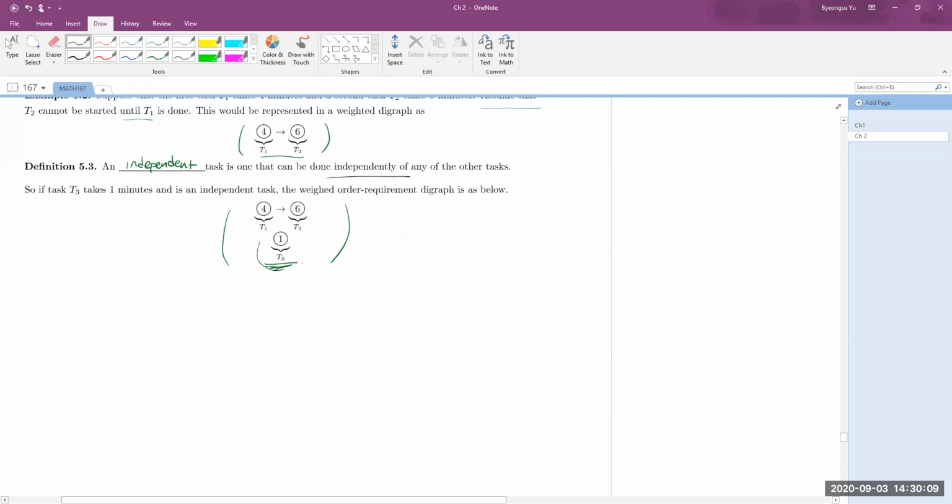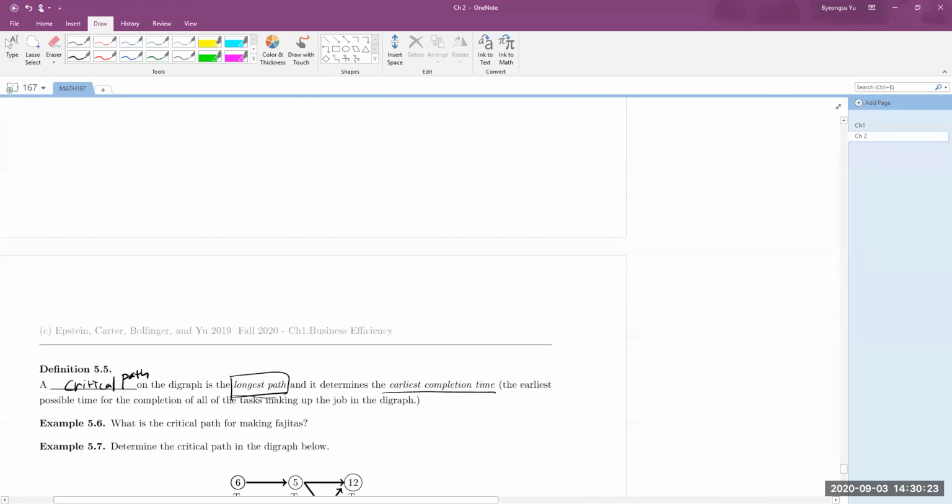So for example, in this diagram, T3 is the independent task, right? Does it make sense, Taylor? Okay, great.